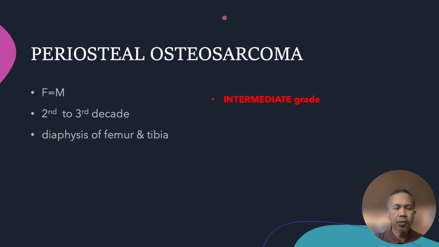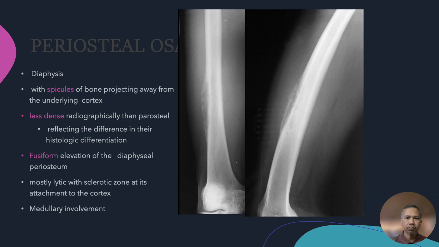Second of the surface osteosarcomas is known as the periosteal osteosarcoma. This lesion affects males and females equally in the second to third decade. Most commonly affected is the diaphysis of the femur or tibia. The distinct behavior of this lesion is that it behaves as having an intermediate grade. A sample radiograph of a periosteal osteosarcoma. Notice the bony spicules projecting away from the cortex.